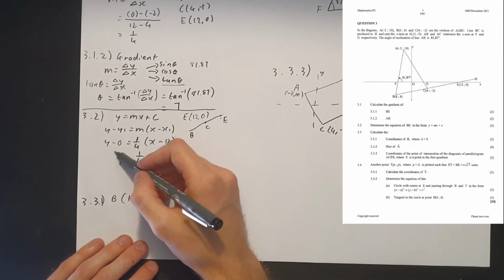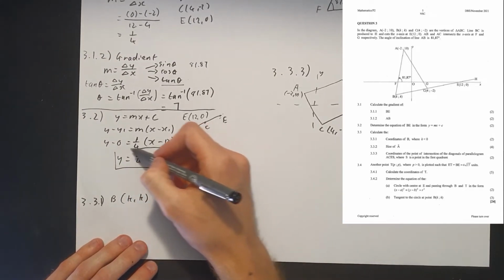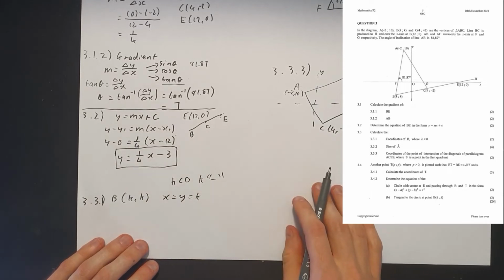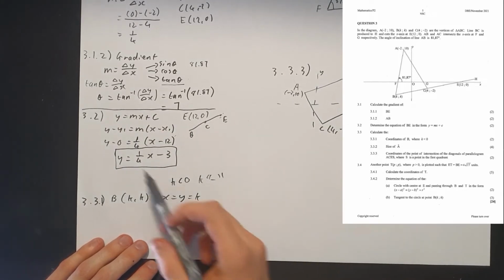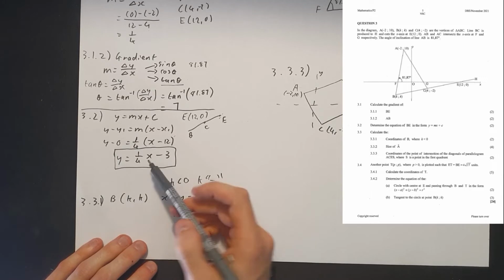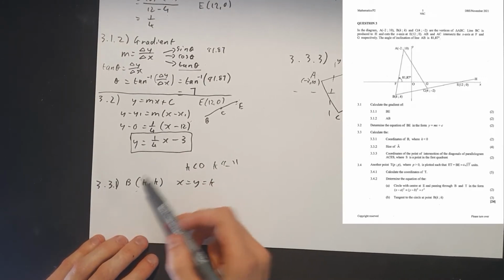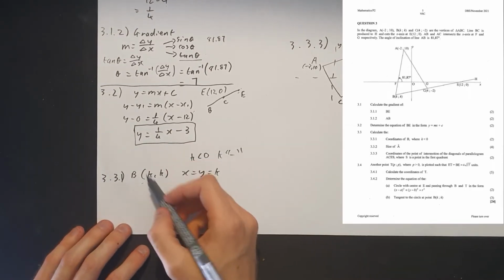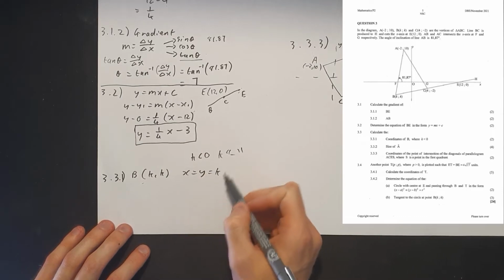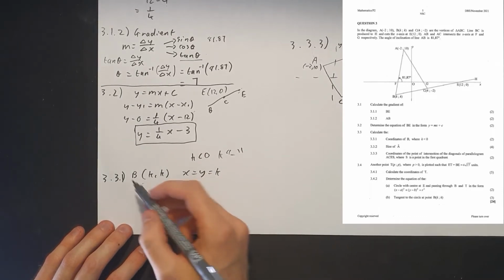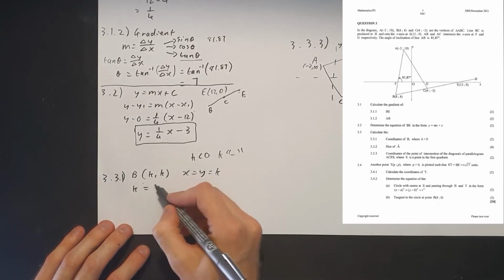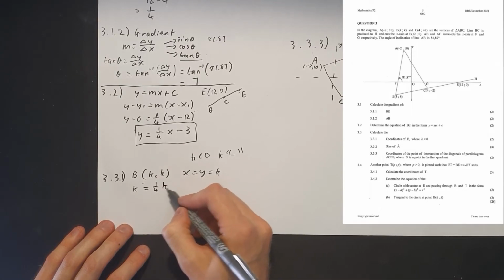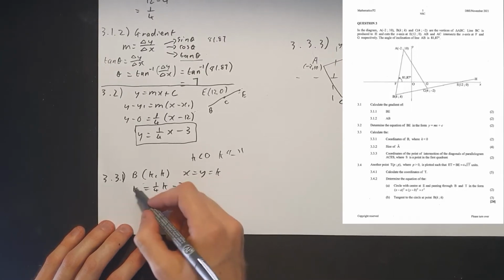Up here we've just found the equation of the line that runs through B, C, and E. So now because we have the equation, we can plug in this coordinate over here and solve for k. So we're going to have x equals y, which equals k, so both of them are the same value. So I'm going to have k for y equals 1/4k minus 3, x value, y value.